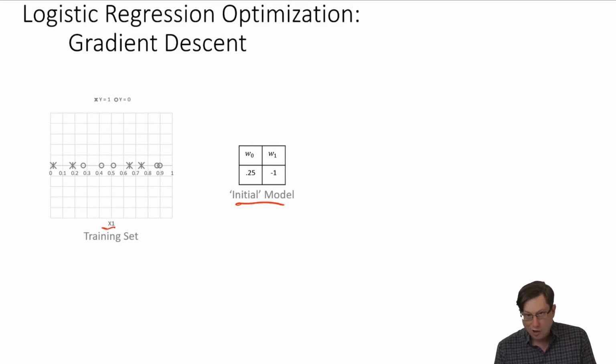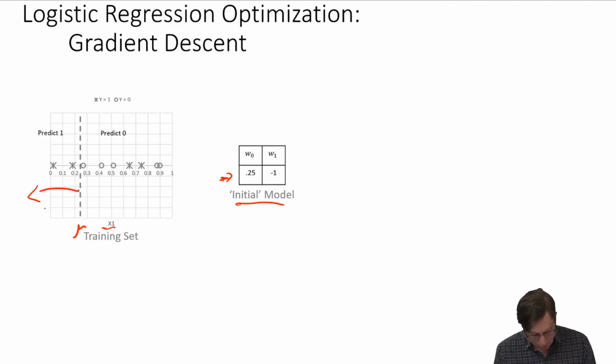Now you could draw on there, if you thought for a minute, what that model will do and which ones it'll classify which way. And I've already done that. So it'll create this line at 0.25 because of this weight, and everything that gets more and more below it predicts 1 because this has the -1, so it flips from what normally happens, and everything above here is predicted 0. Okay, fine, beautiful.